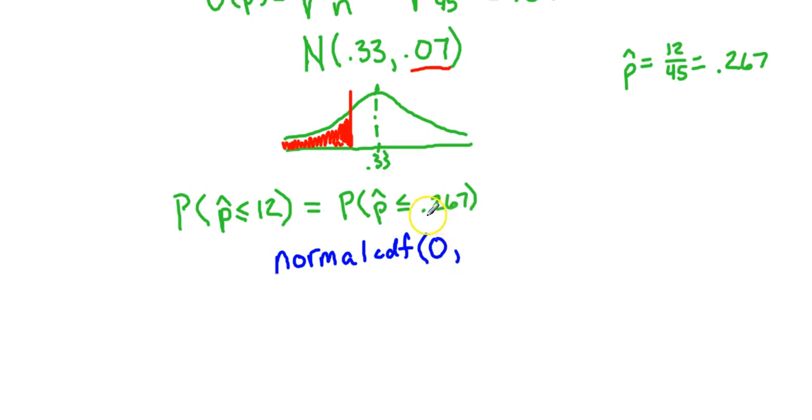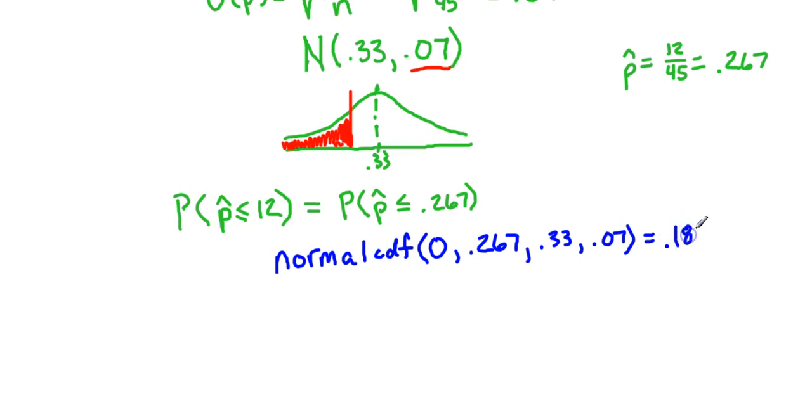Our right endpoint is we want to calculate up to our particular p-hat, and that'll give us the area that we shaded up here, so that would be 0.267. And next we need to enter our parameters for our normal model, so that would be a mean of 0.33 and a standard deviation of 0.07. Alright, we plug that into our calculator. We come out with a value that looks like this.